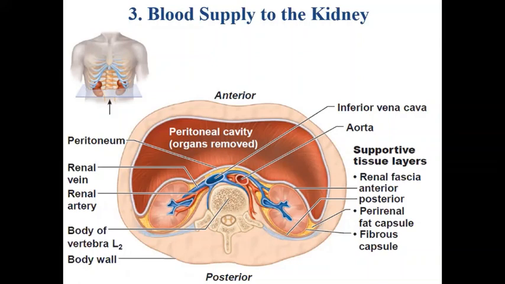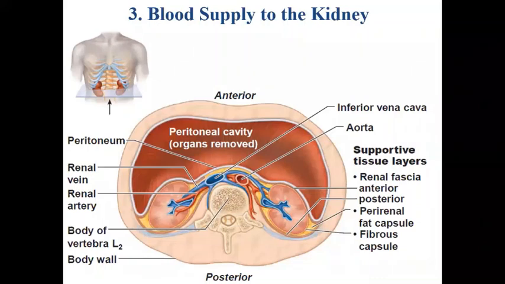Then you have the aorta itself. As it comes from the heart, it's ascending, then it will curve to start descending. Then it becomes the descending aorta.